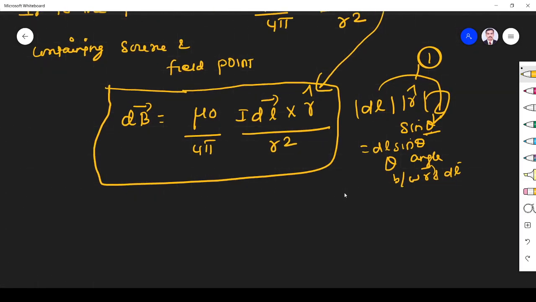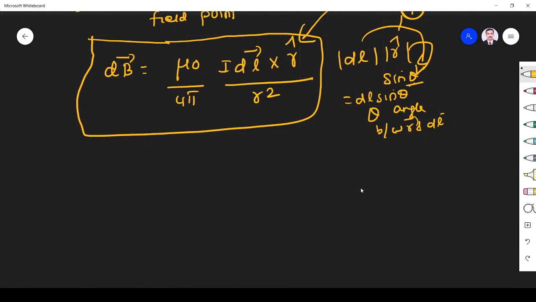Now we will gather some important aspects. This is about direction. Now we will see whether the resultant magnetic field will be coming out of the screen or going inside the screen. As per our diagram, here is the current element Idl, here is the field point P, and the line connects these two. This is theta, this is r cap, and this is the dl vector.